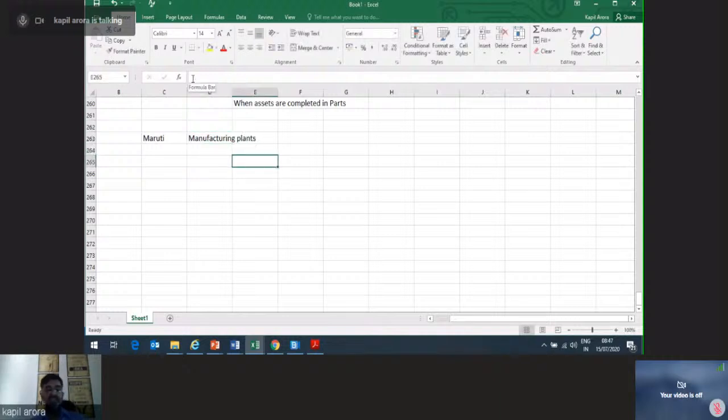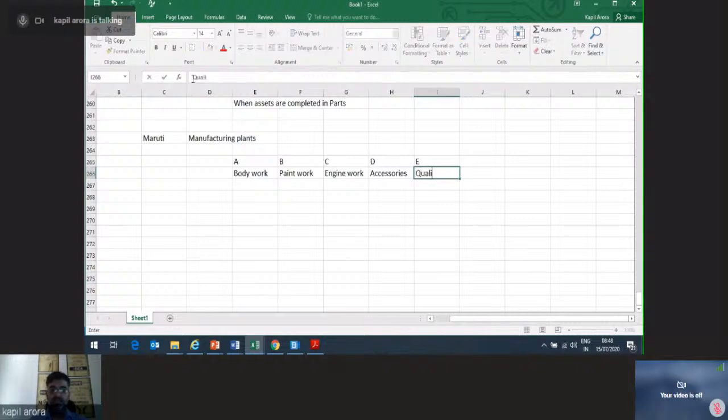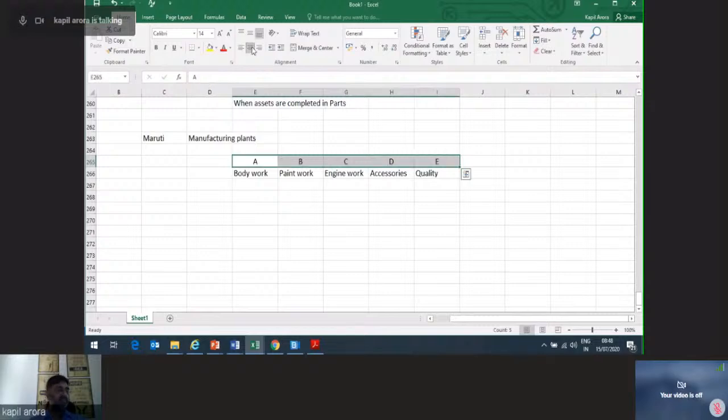So they have different units, unit A, B, C: body work, paint work, engine work, accessories and quality. So these are 5 different assembly units they have, made in 5 different parts.